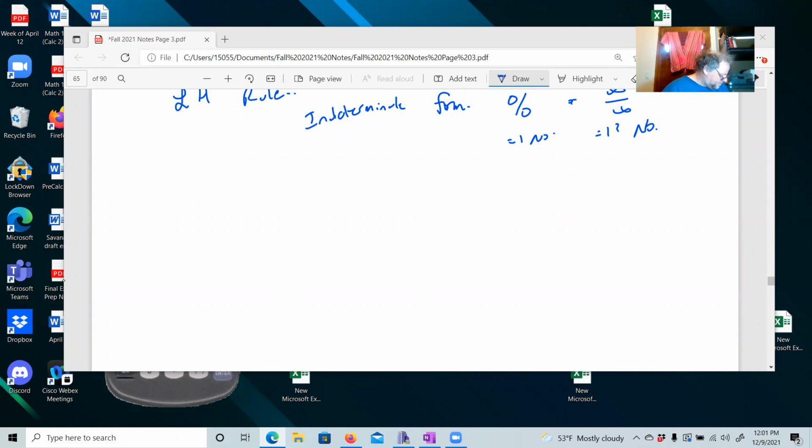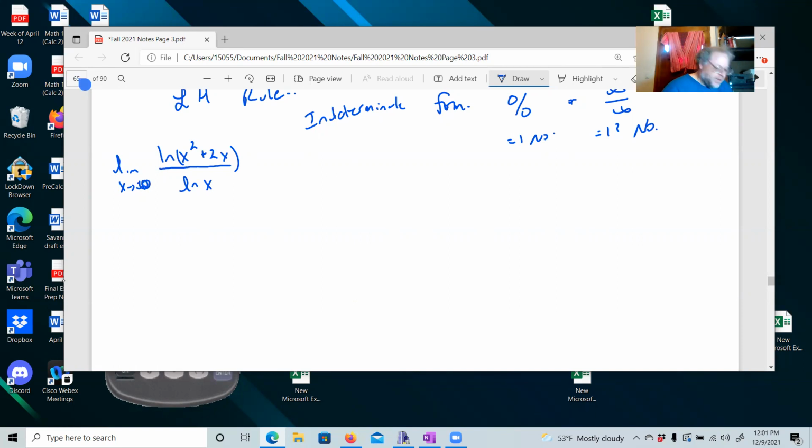I want ln of x squared plus 2x, divided by ln x, and we are looking for the limit as x approaches 0.